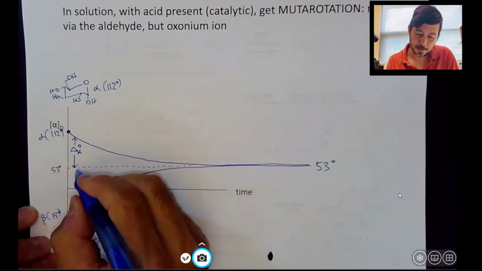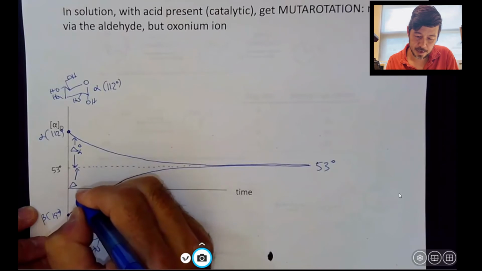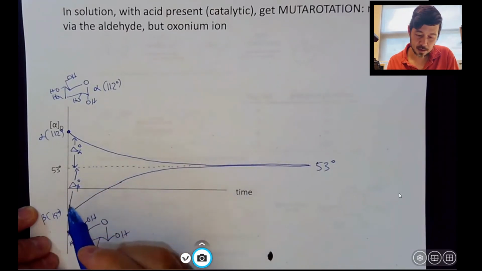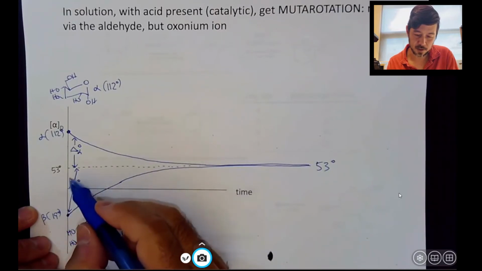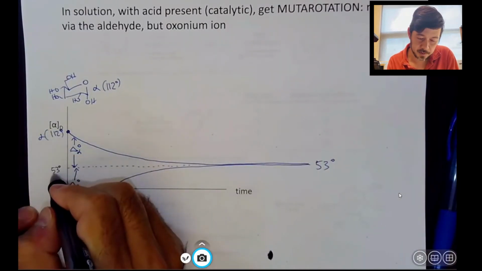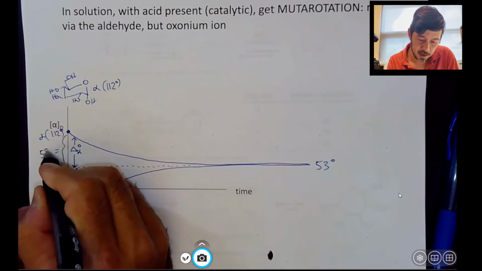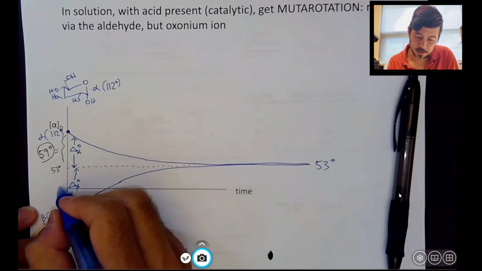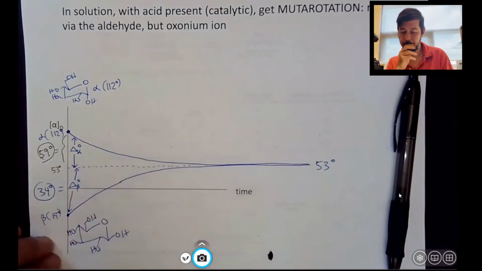If we do the other one, this will be delta beta degree, and the change here is also significant. So the change between 112 and 53 is equal to 59 degrees, and the change between 53 and 19 is equal to 34 degrees.